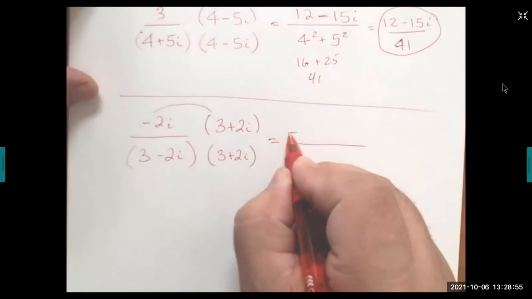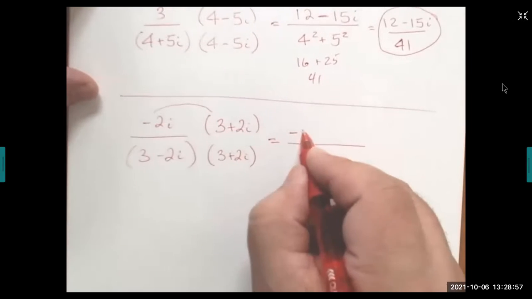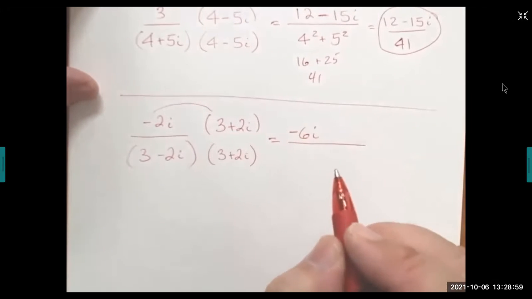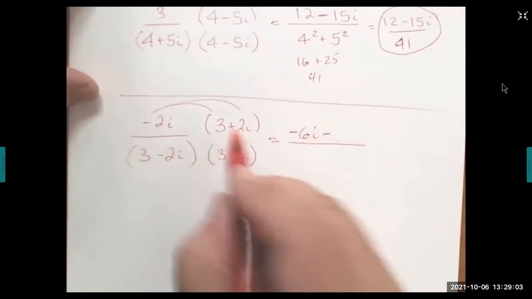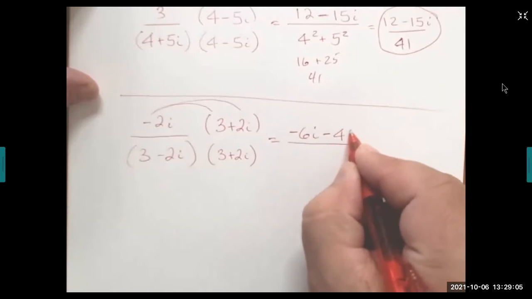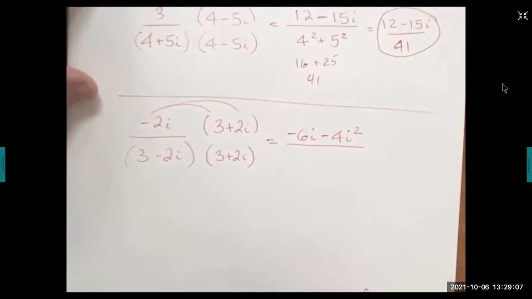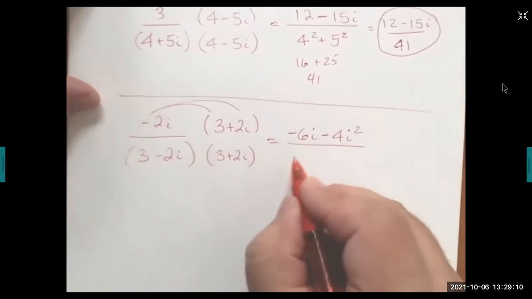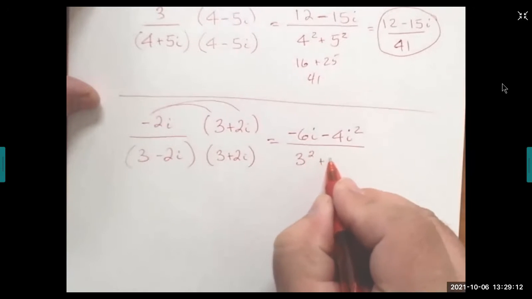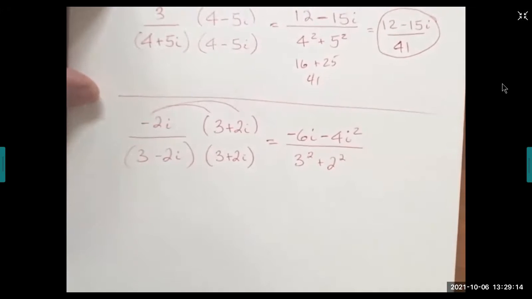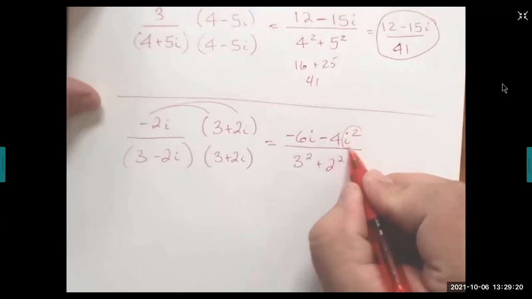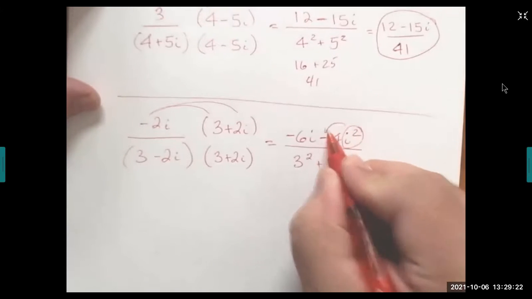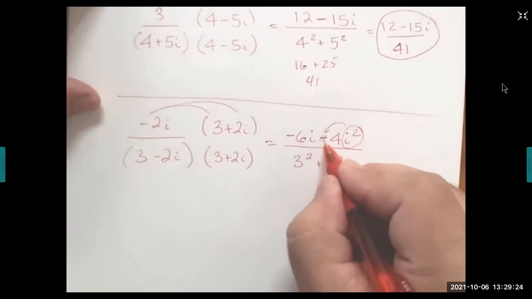Negative times positive is negative. 3 times 2 is 6i. Negative times positive is negative. 2 times 2 is 4i squared. And the bottom, 3 squared plus 2 squared. On the top, that i squared changes the sign of its coefficient.